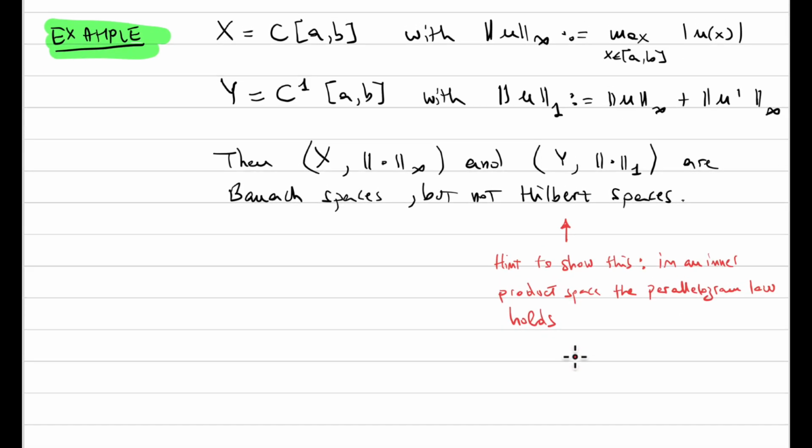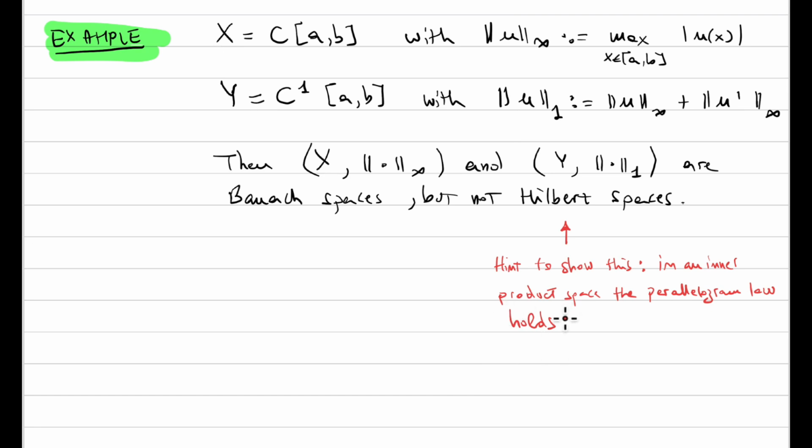The parallelogram law says that if you take two vectors of the space, you sum them, take the norm squared, then add the norm squared of the difference, this is the same thing as summing twice the square norms of the vectors. This holds for each x, y in your space H, your inner product space.